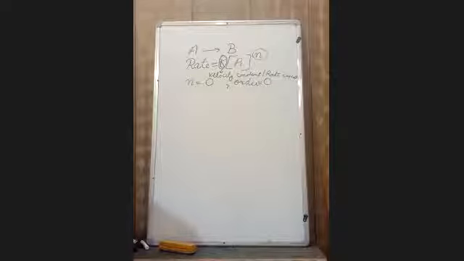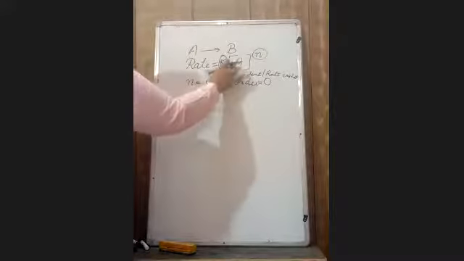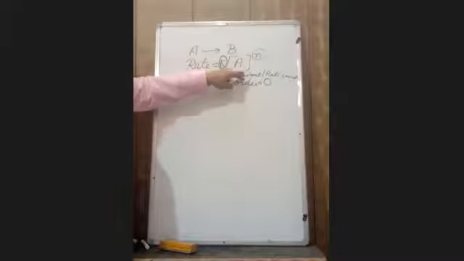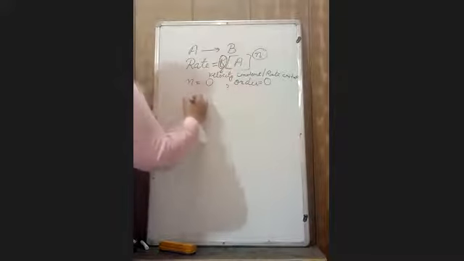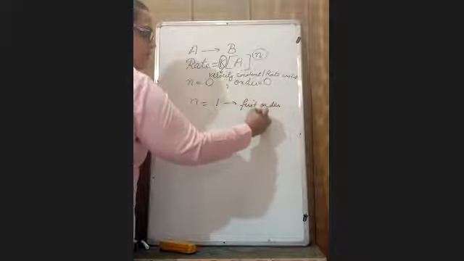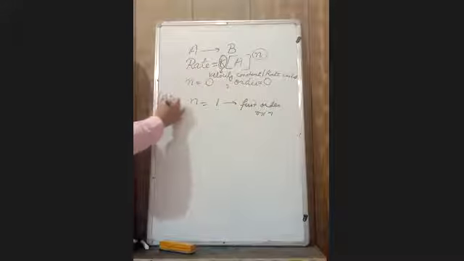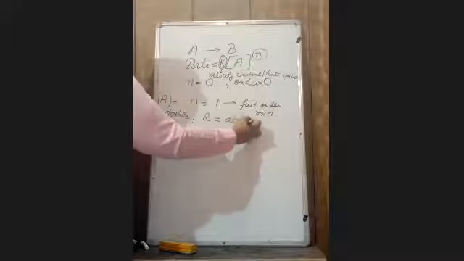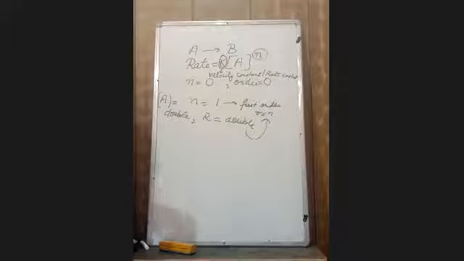Or if suppose the concentration of A is doubled and our rate also becomes double, it means this n should be 1 and it is your first order reaction.